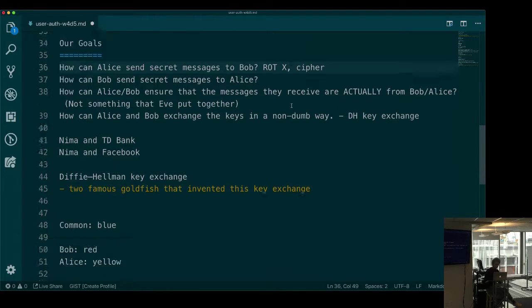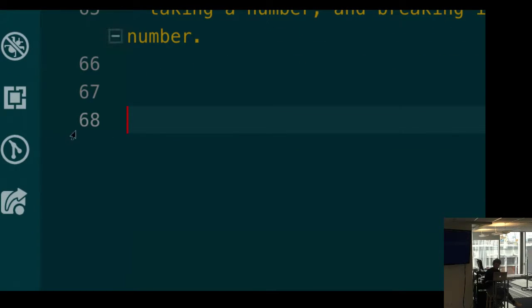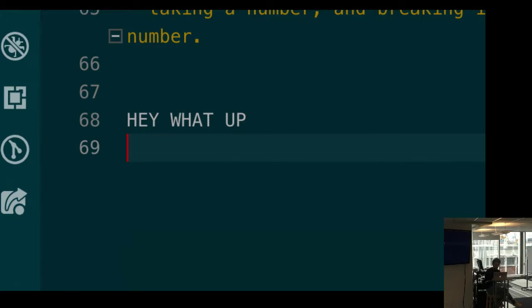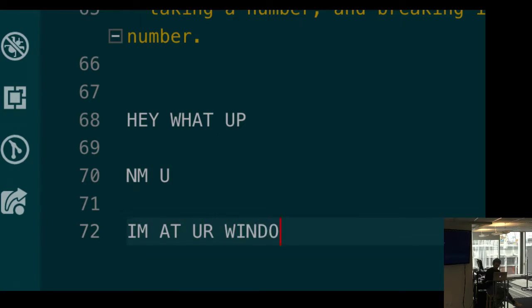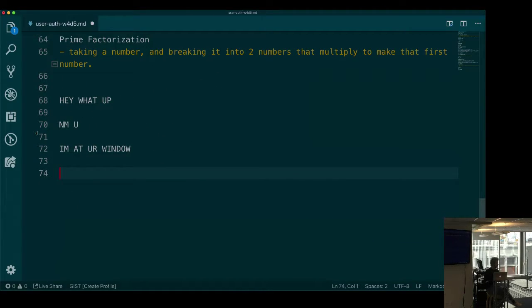But it's not very robust in the sense that if I start sending messages back and forth, like, hey, what up? Not much. I'm at your window. Just normal messages between friends. When you send enough text, you're going to start seeing the letter E show up all over the place. Now, E is the most commonly used letter, statistically, in English.